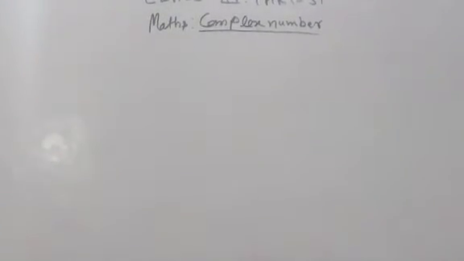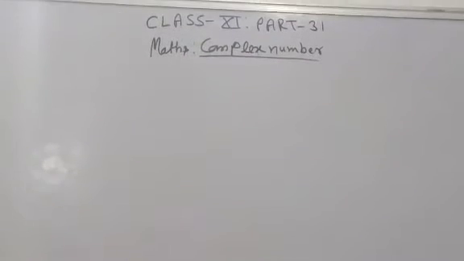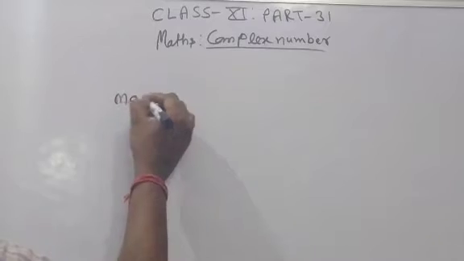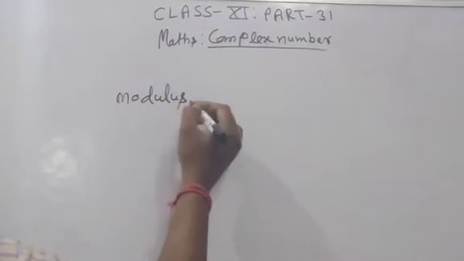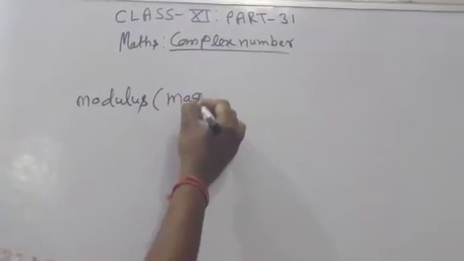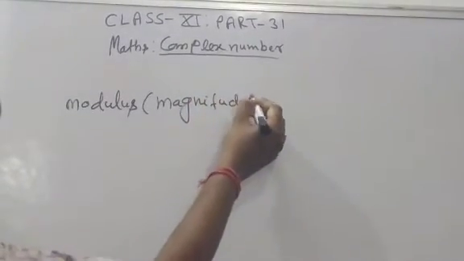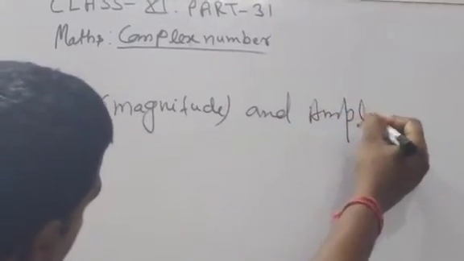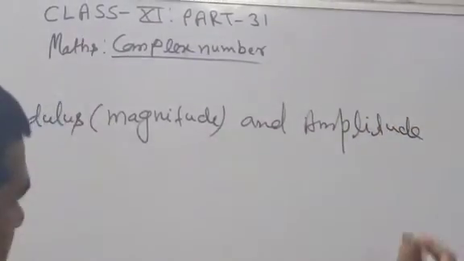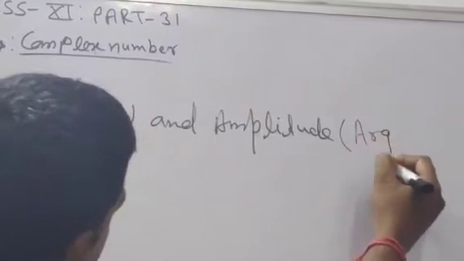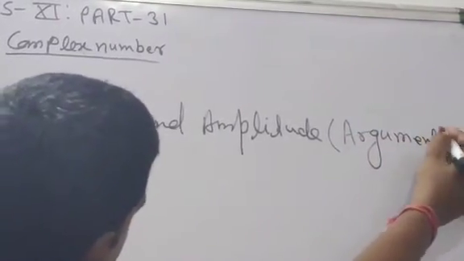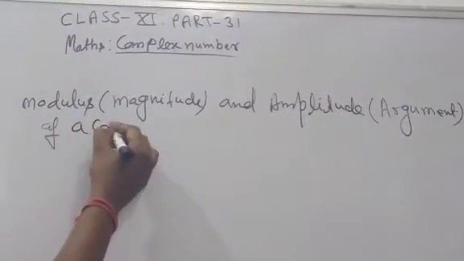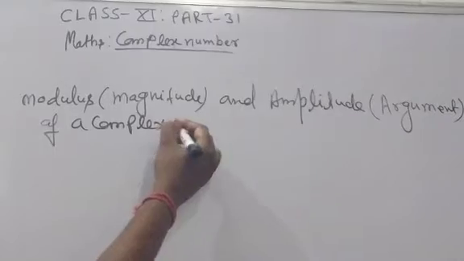Today we have to study the magnitude and amplitude of a complex number, meaning modulus and amplitude, meaning argument. Clear?